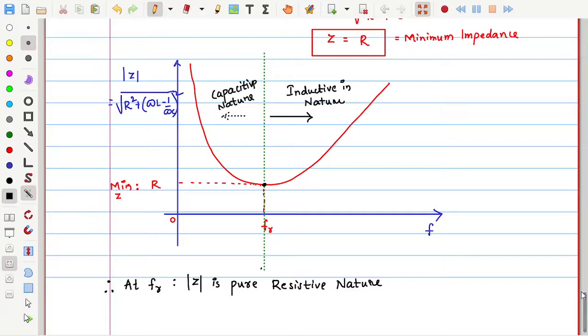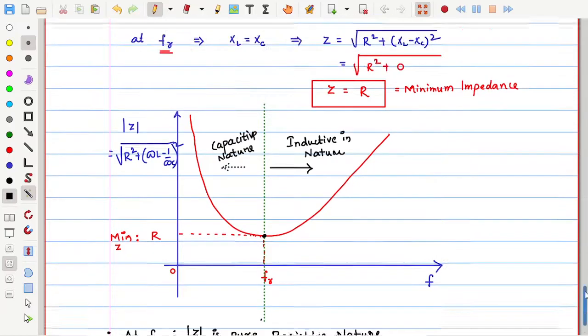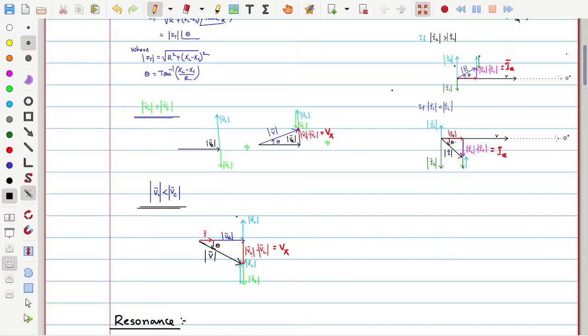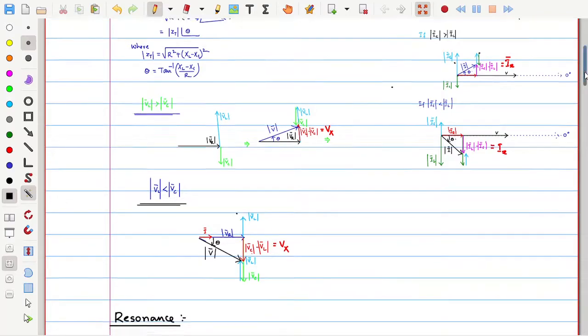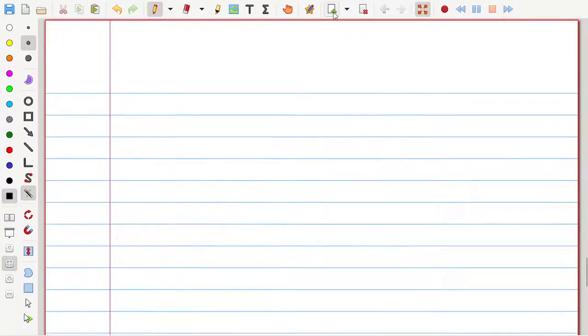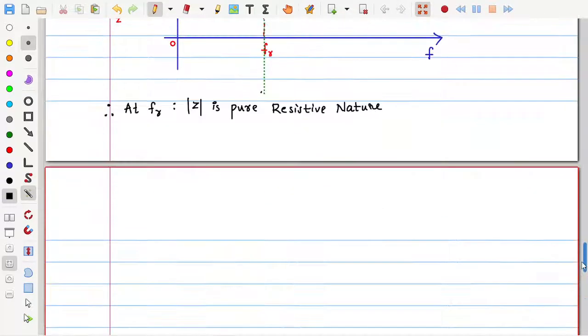Now, as a summary of all these things, let me put one phasor diagram of what we had seen in the case of series circuits. We had drawn the phasor diagram for VL greater than VC and VL less than VC. But now let us draw the phasor diagram in simple terms for VL equal to VC.